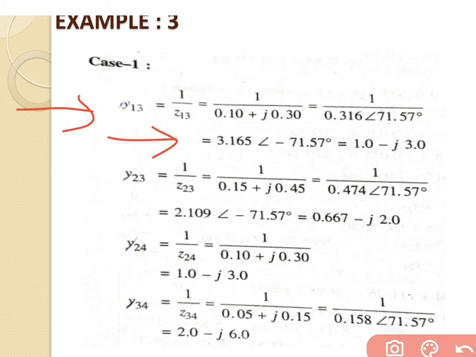If we write the answer in polar form, we get 3.165 with an angle of minus 71.57 degrees. Again converting to rectangular form, we get 1.0 minus j 3.0.